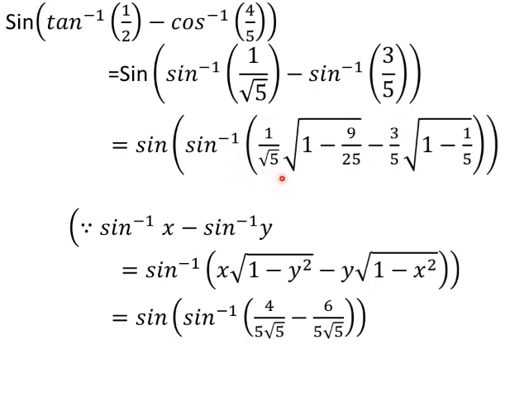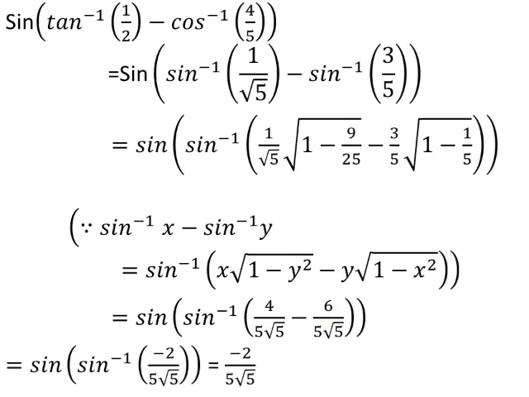We have to simplify this. 1 by root 5 we have here. Then here if you take the LCM, 25 minus 9, it is 16. 16 by 25, the root of that is 4 by 5. Minus, here if you simplify, 5 minus 1, it is 4. 4 by 5 you will get. The root of that is 2 by root 5. So 2 into 3, it is 6. 6 divided by 5 root 5.